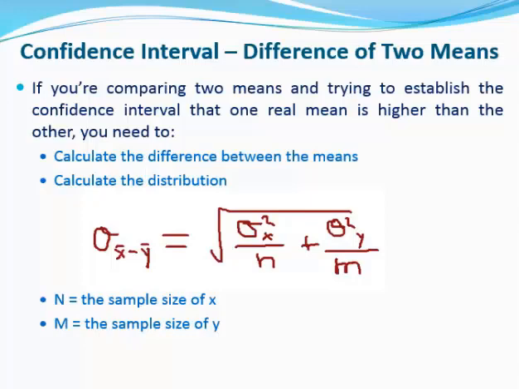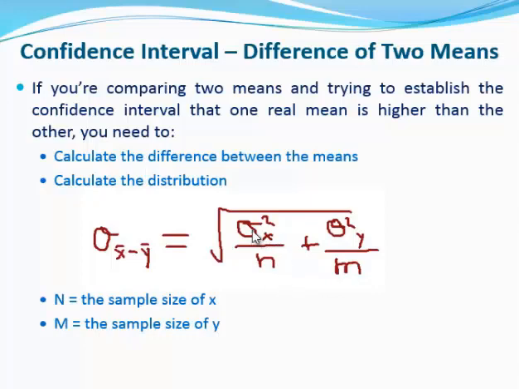We're calling one of the quantities x, the other quantity y. There's no inherent rule why you have to do it that way, but that's what we're doing just for convenience. So the sigma, the standard deviation of the difference between x and y, which is x minus y, equals the square root of the standard deviation of x divided by the sample size of x plus the standard deviation of y divided by the sample size of y.